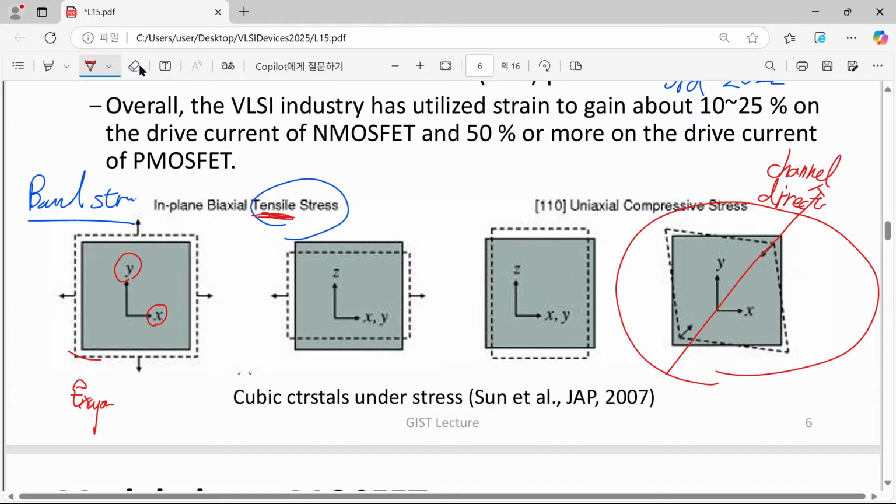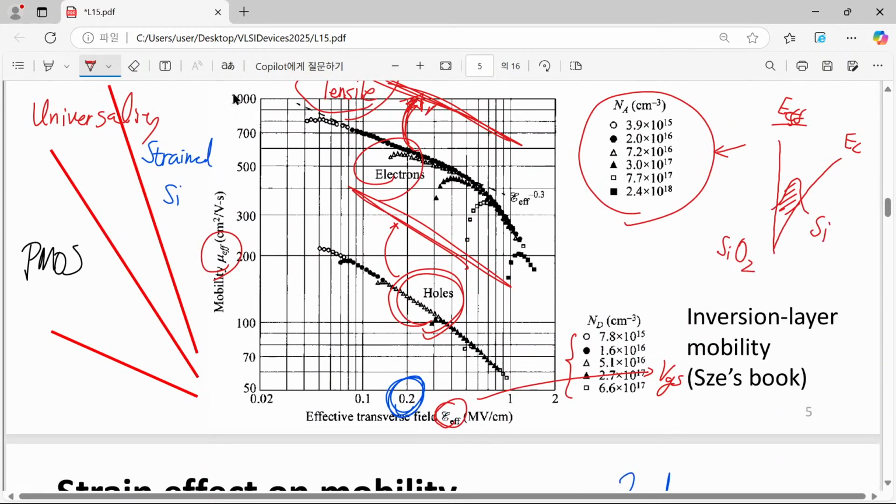Then along that hole conduction direction, we have to compress our material. This is called compressive stress. If we apply compressive stress, then hole mobility can also be increased significantly.